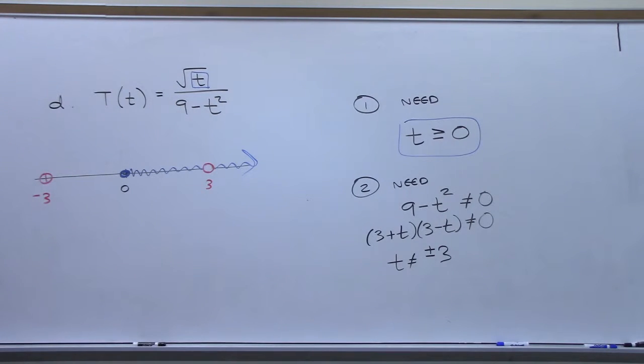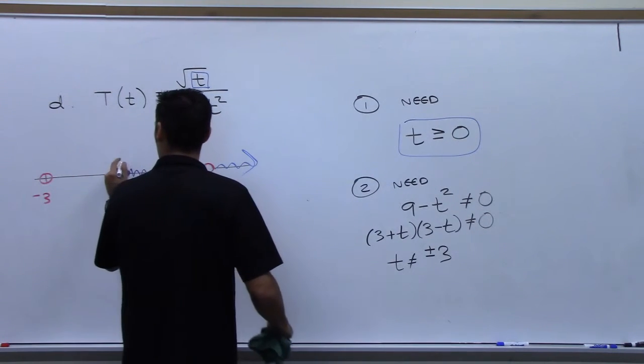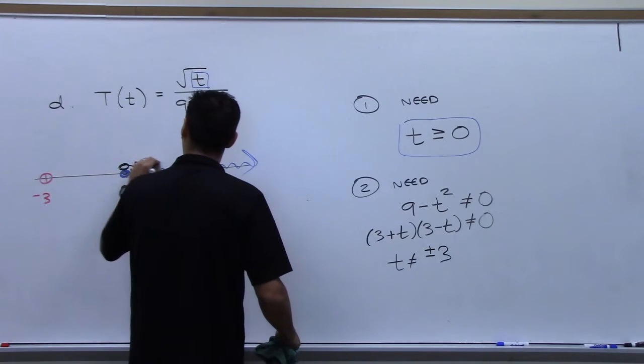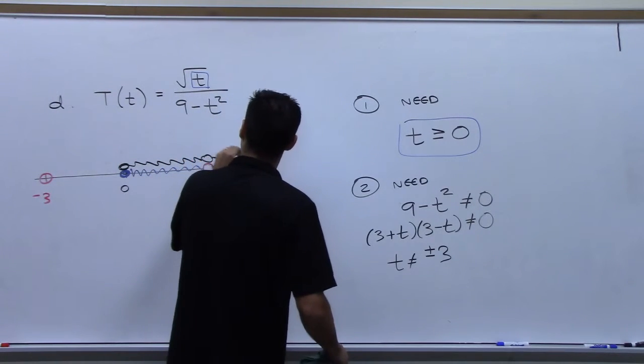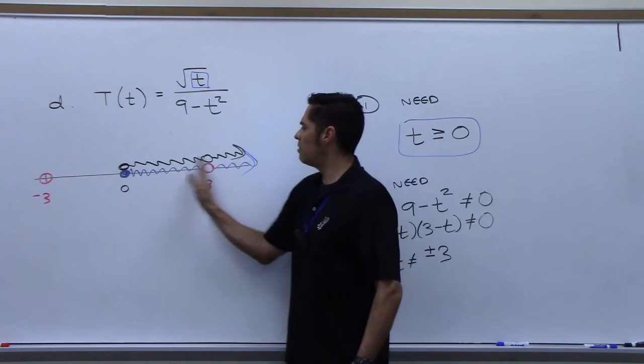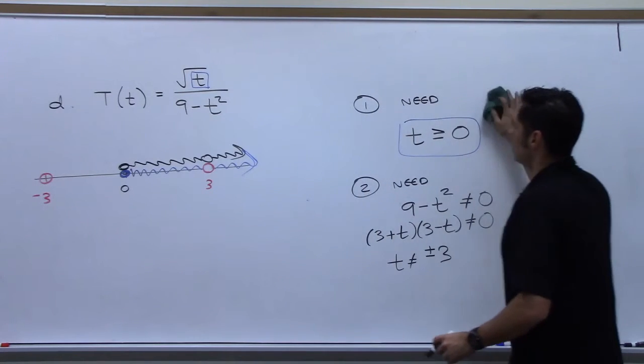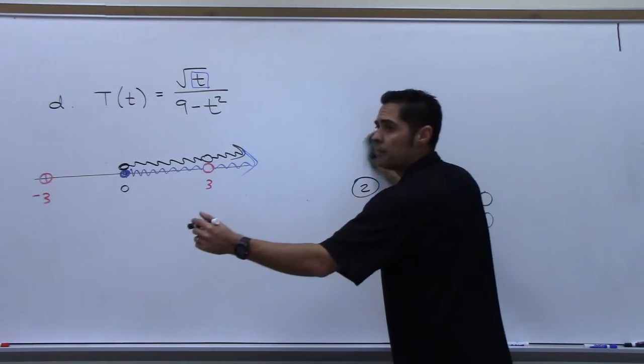So the answer is what these two things have in common, right? It's that stuff in black, right? It's just the stuff to the right of 0 till I get to 3, skip over it, keep going forever. So go ahead.